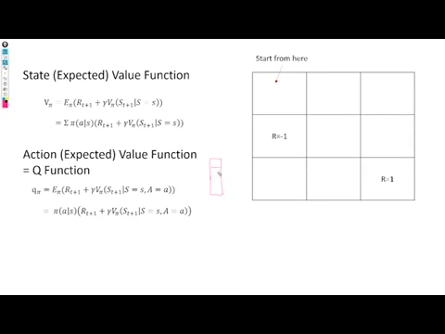We're going to have a one-dimensional array with 4 elements: at 0 is the expected value of moving up, at 1 the expected value of moving left, at 2 the expected value of moving down, and the last one is the expected value of moving right. Each state will have this kind of array, and instead of calculating the probability of a state transition like this, let's directly put the expected value in here, and that's the idea of the Q function.